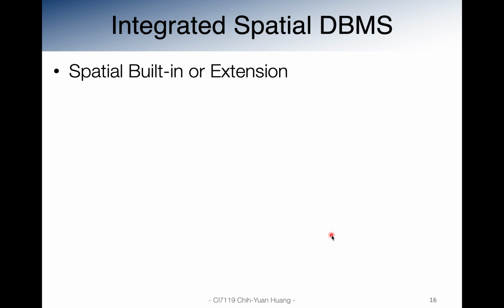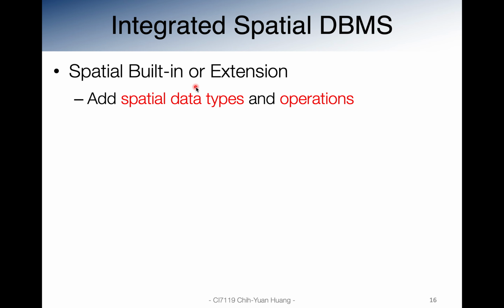And then in terms of the integrated spatial database management system, which means that the spatial support is built in and also could be extended, the spatial DBMS directly supports some spatial data types and also some operations.